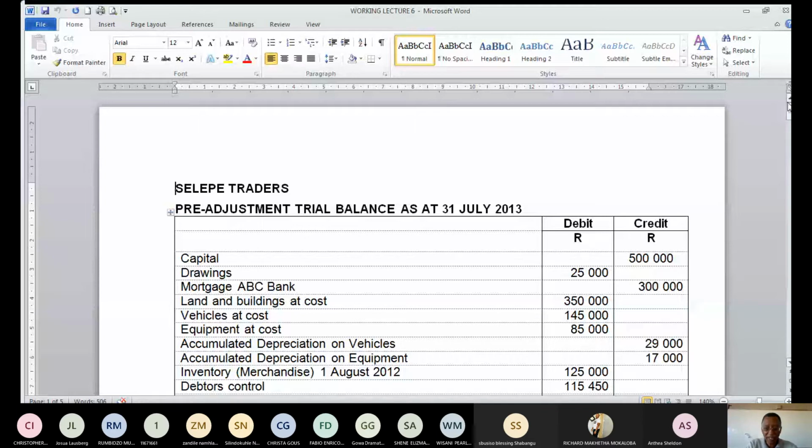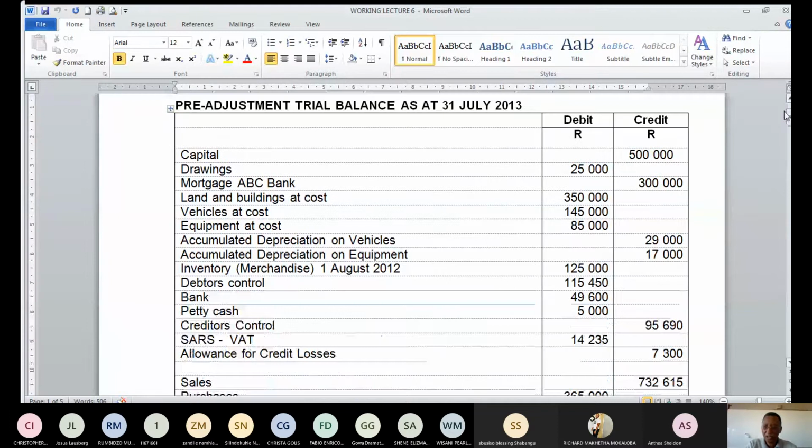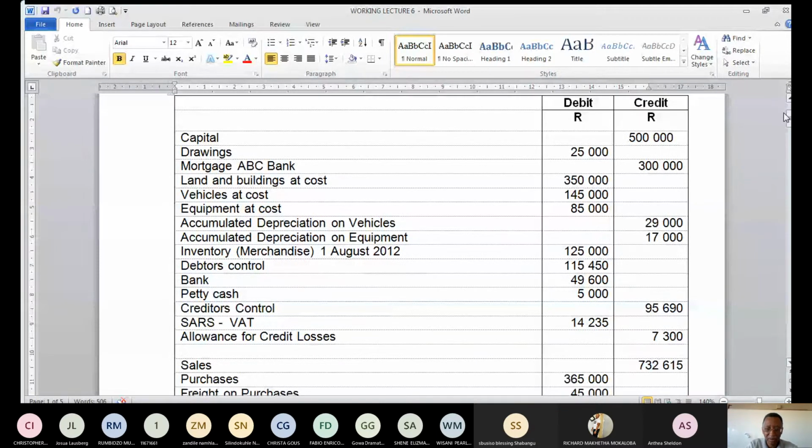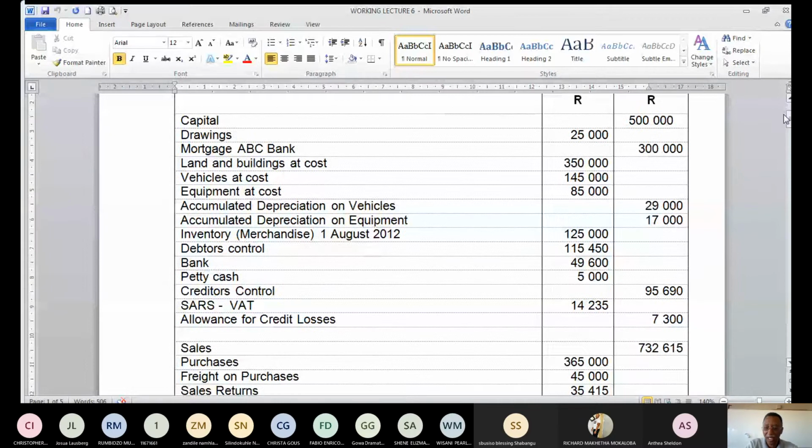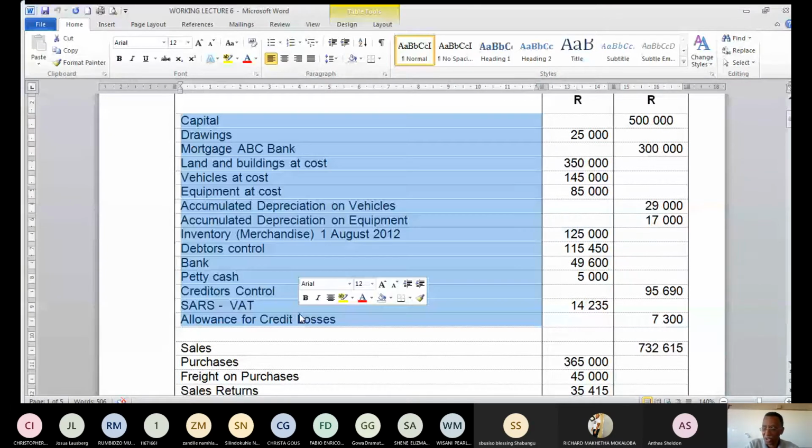So we've got our trial balance there. Please note now that your trial balance consists of 2 sections. You've got the financial position account section. That is where all the equity, all the assets, all the liabilities of the business will appear.